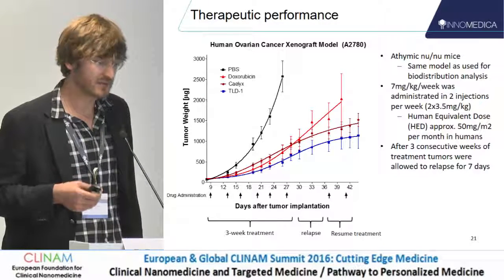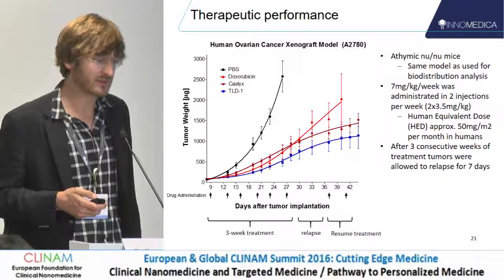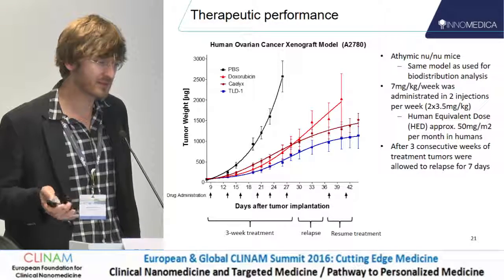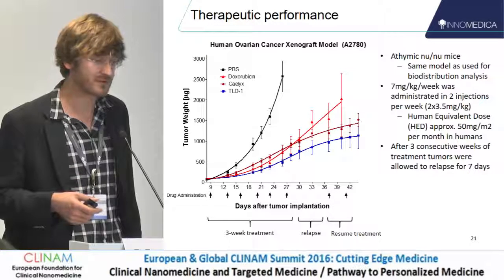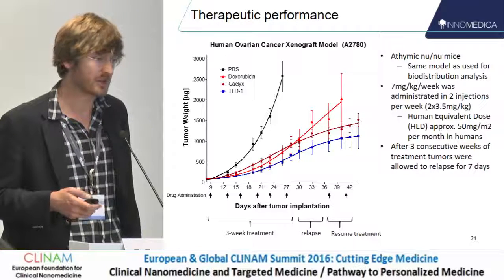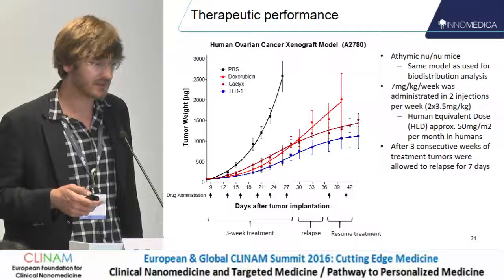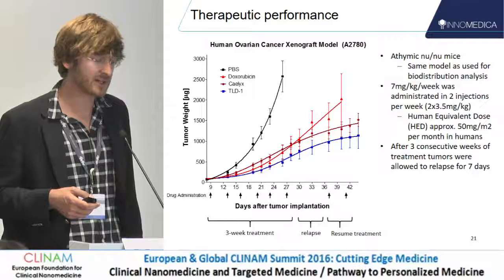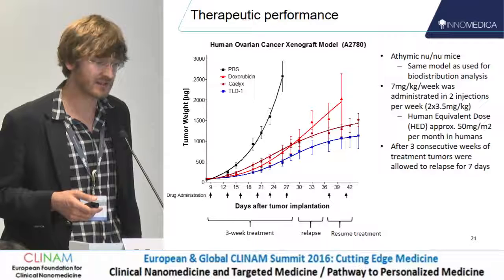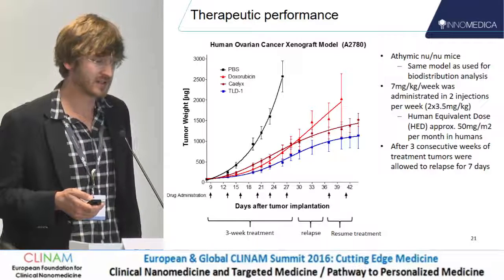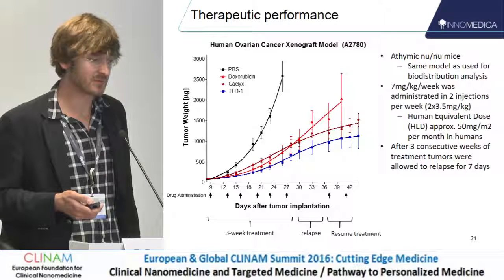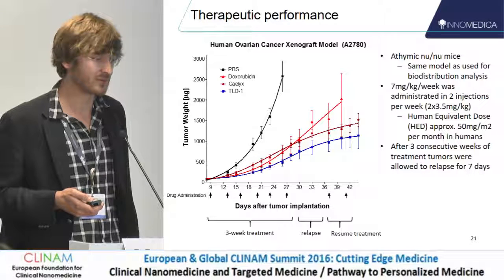So there was an initial starting burden, and mice were treated for 3 weeks consecutively, and there was 1 week of relapse where tumors were allowed to regrow. You can see free doxorubicin doesn't really impact tumors that have relapsed anymore, whilst nanoformulations do. And there might be a potential benefit derived from this TLD1 formulation.